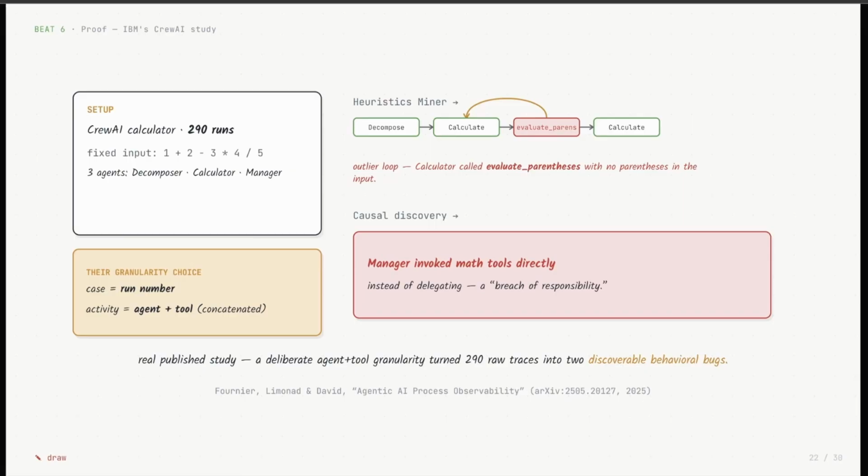The manager agent invoked the math tool directly instead of delegating to the calculator, which means the manager took over the job of the calculator. So this is what we call a breach of responsibility. These are two behavioral bugs that you could prevent with a good choice of granularity.